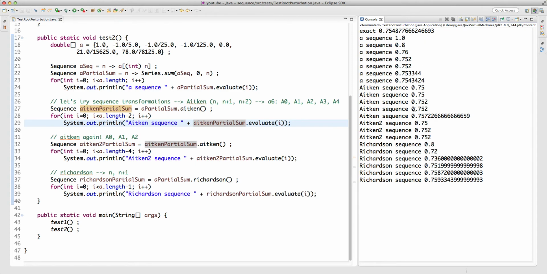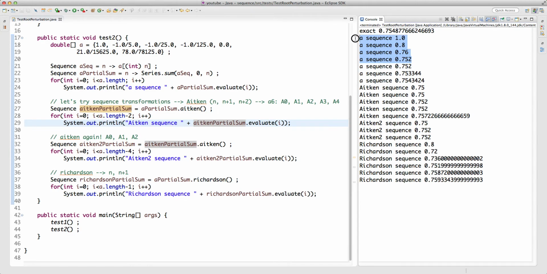And what is very interesting here is that the first three terms of the sequence are 1, 0.8, 0.76, which has a relatively large error, right? But then the first Aitken is about 0.75, which is much closer.